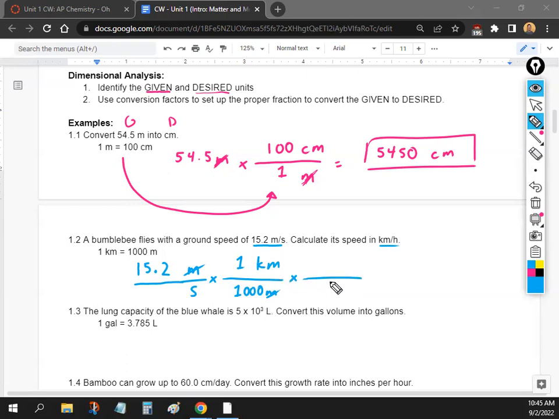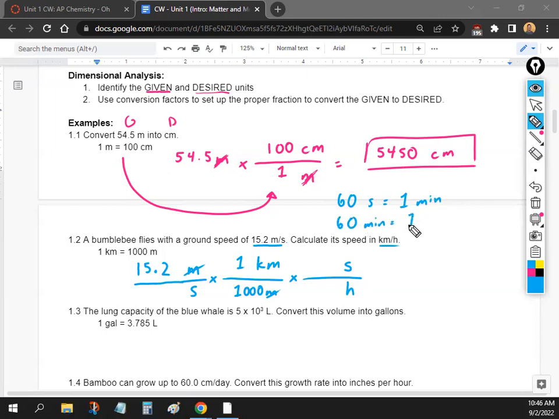Okay? Now, we're not done yet because we want to get rid of seconds, and we've got to turn it into hours. So we're going to put seconds on the top, and then we want to put hours on the bottom. Okay. Anyone know how many seconds there are in an hour? So there's 60 seconds in 1 minute. And so how many minutes are there in an hour?